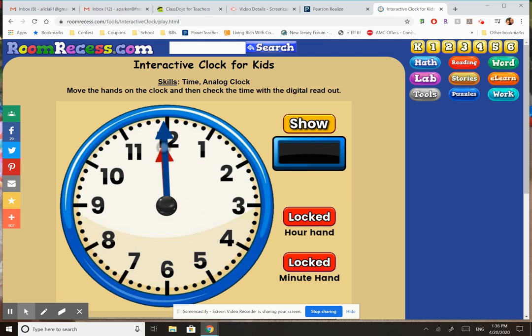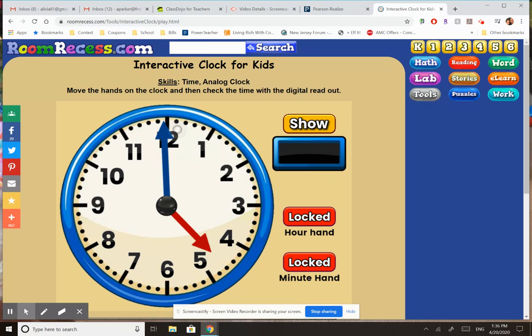We normally don't call it 13 here. In some places, people do use 13, 14, and all that, but we are not. We're only going to go up to 12. So these big numbers are hours, okay?